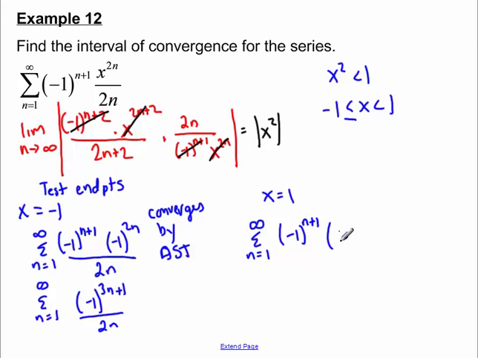So what I really have here is -1 to the n plus 1 times 1 over 2 to the n. And then this also converges by the alternating series test. So I include that point. All of those points are included.